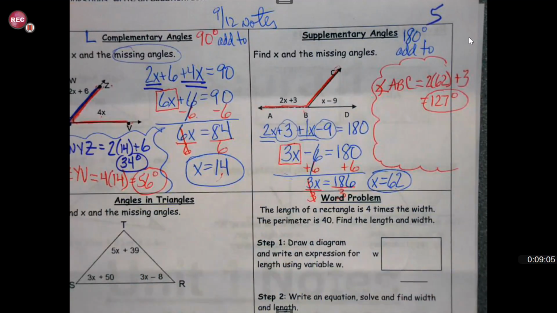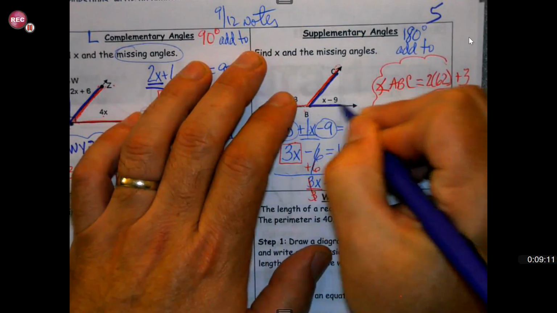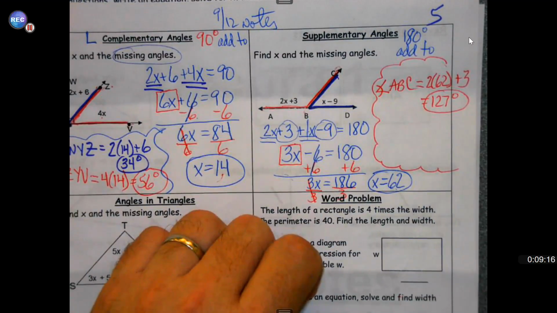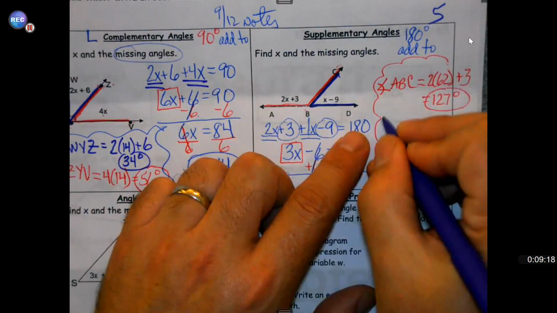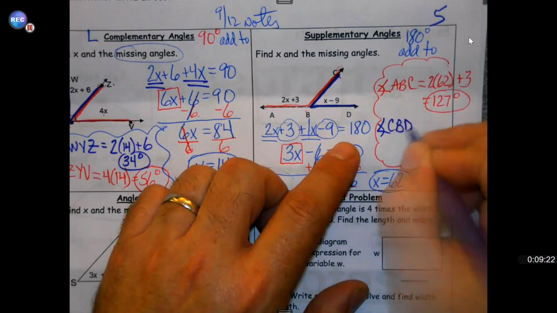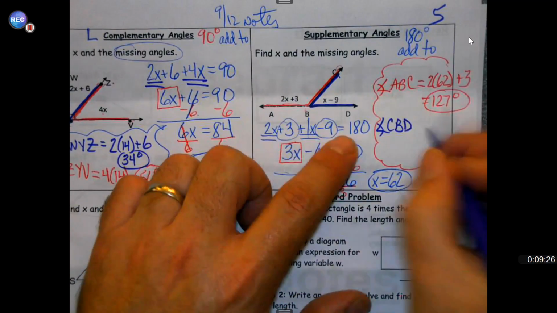Now we cross our fingers. We've done the other one right, and these are going to add up in a minute. My other angle, oh dear, CBD, or DBC, either one works.